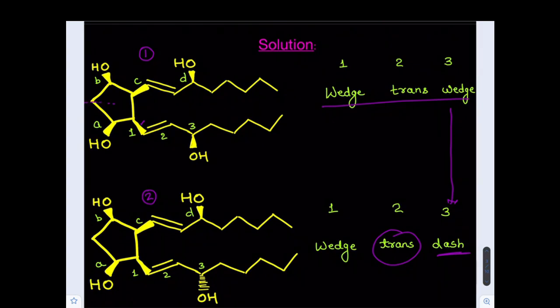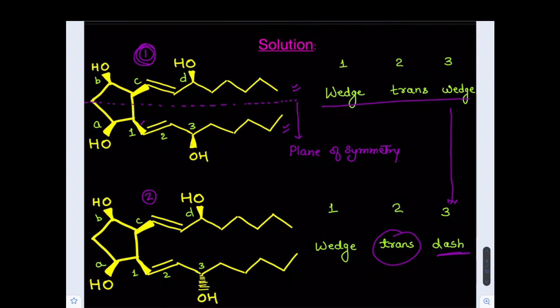So here you can see a plane of symmetry, I'm drawing this broken line that indicates a plane of symmetry. What is a plane of symmetry? It is a hypothetical plane passing through the molecule such that one half of the molecule is the mirror image of the other half of the molecule. Or I can say one side of the plane is acting as a mirror image of the other side of the plane. So this structure number 1 has this plane of symmetry.